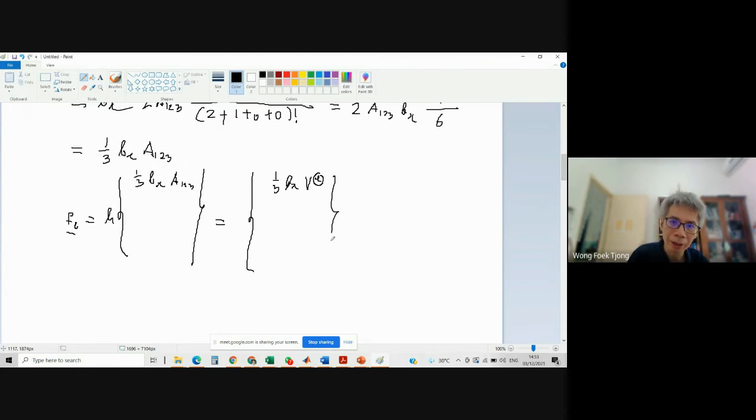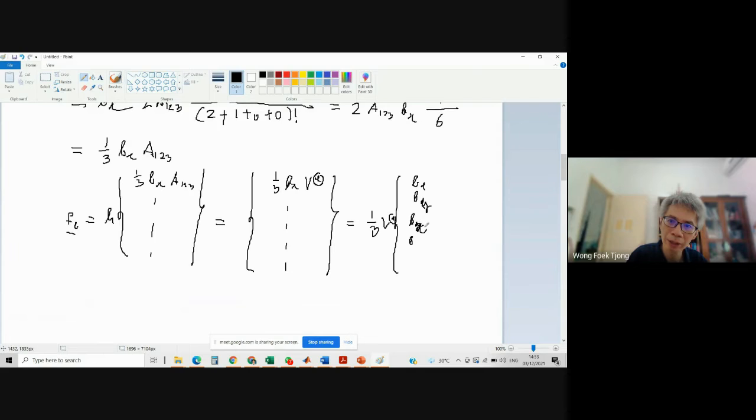Okay. You can perform the computation similarly for the others, and using the same formula, the result is 1/3 volume. This is just Bx, this is By.